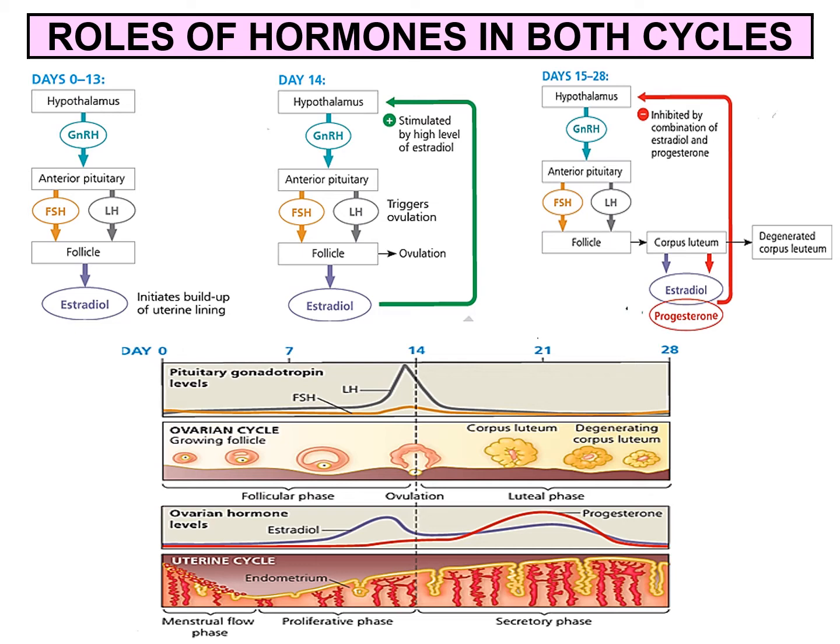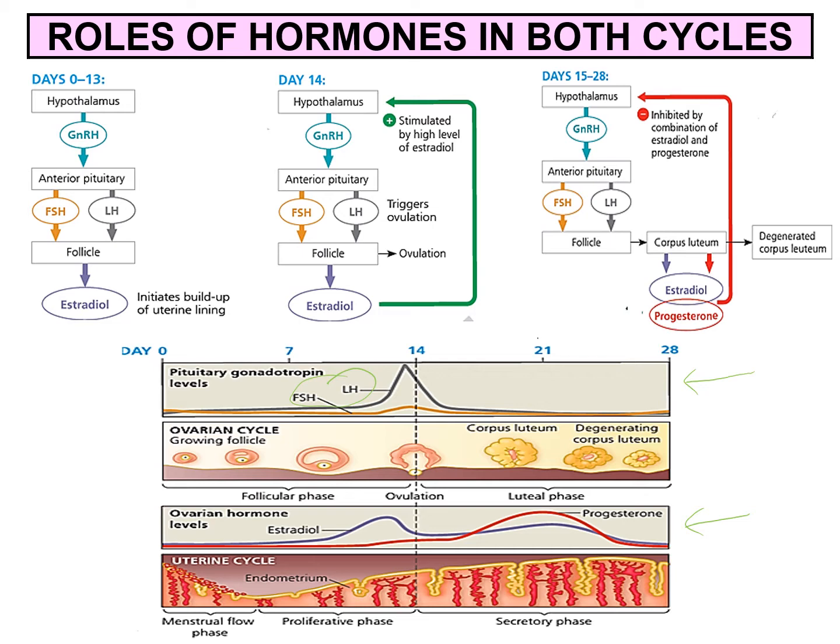To explain the cycles, we will have to relate them to the hormones, and to be able to explain the effect of the hormones on the cycles, we need to understand the function of the hormones. This diagram shows there are two groups of hormones, the LH and FSH, and also the estrogen and progesterone.